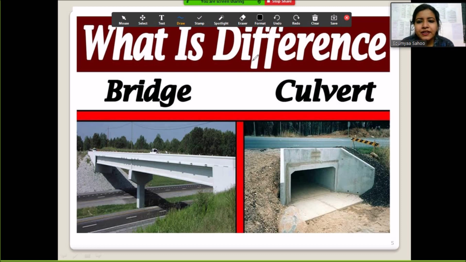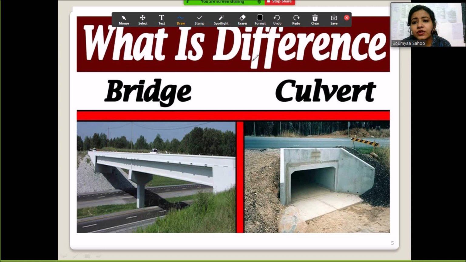You might be having curiosity about what is the difference between a bridge and a culvert? So definitely there are some differences. Culvert is made for passage of water, while bridge is constructed to allow the passage of traffic.